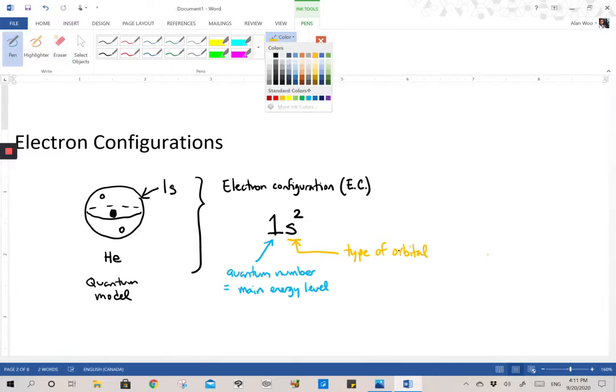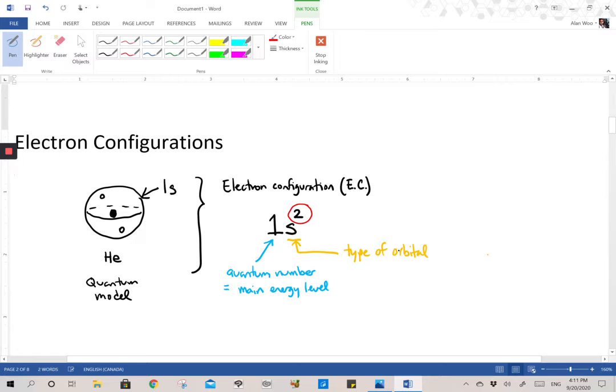Now on to the exponent number. The exponent number always represents the number of electrons currently in that orbital.